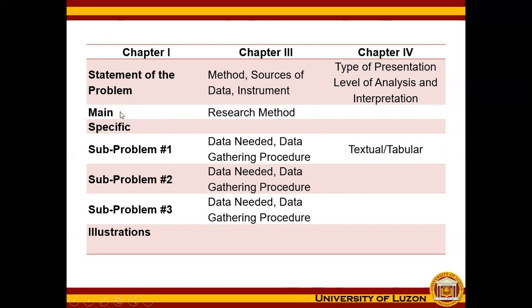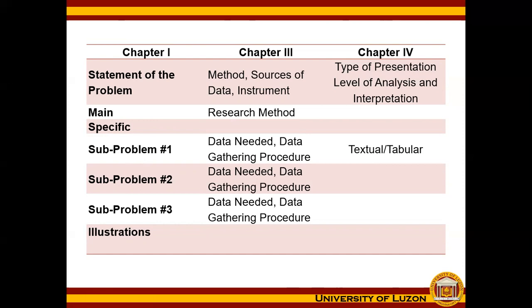That is to emphasize that the problem statement begins with a general statement followed by a specific set of problems. Okay, so you have the main and you have the specific. It will vary, but ideally you have three subproblems, and therefore you have subproblem number one, subproblem number two, and subproblem number three.